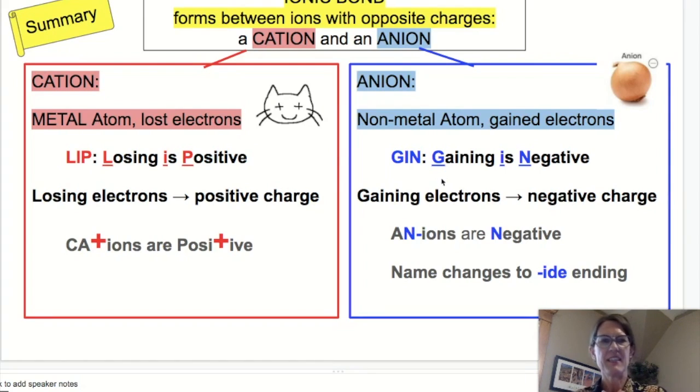So lip, losing is positive, but gaining is negative. And anions, or here gaining electrons leads to a negative charge. Anions are negative, therefore, and the name changes to the "ide" ending.